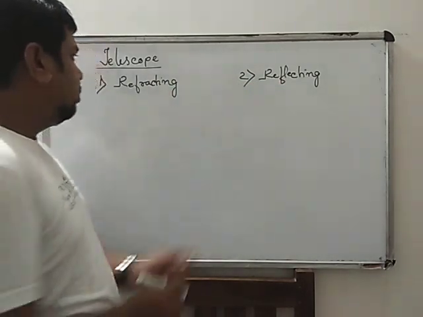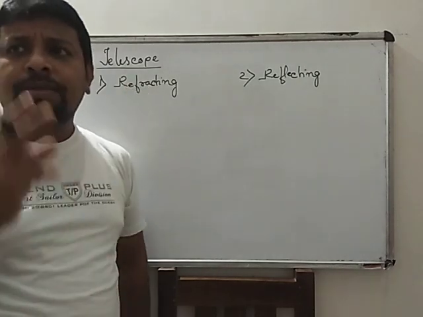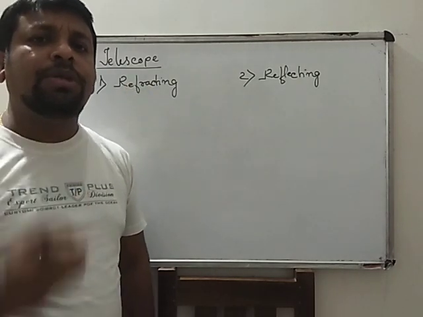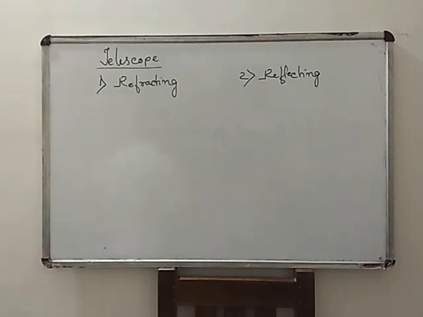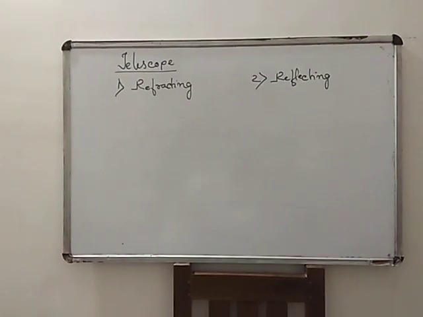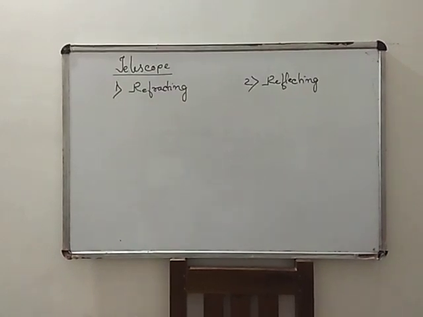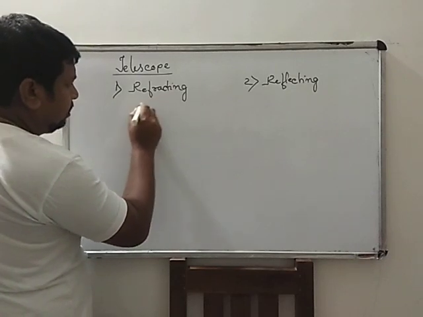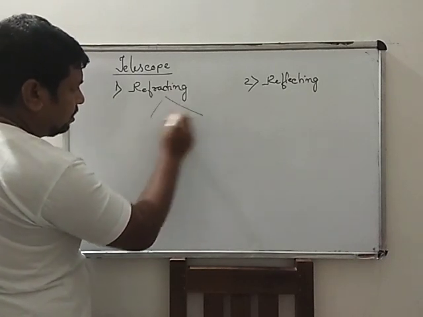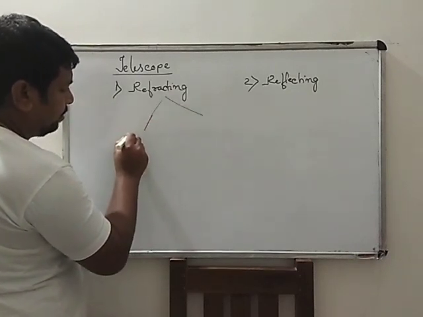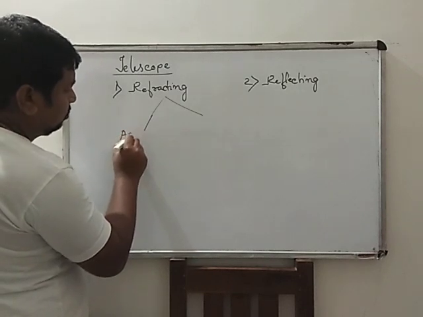The refracting telescope is divided into two types. The first one is the astronomical telescope.